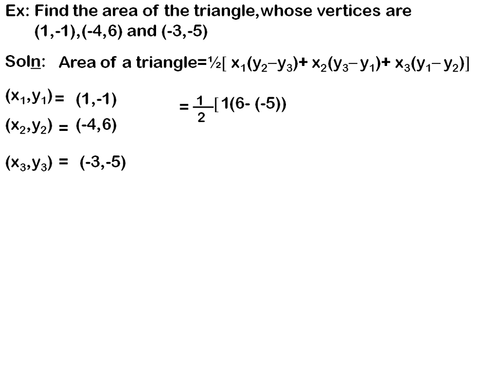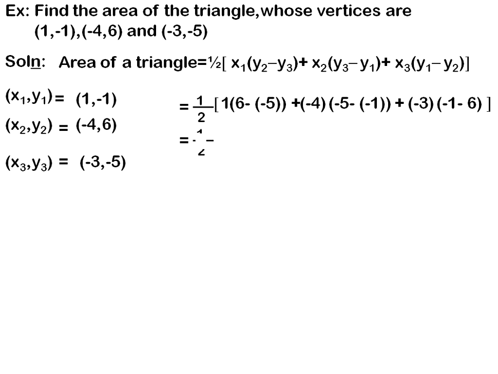6 and y3 is minus of minus, that is minus of 5, again plus x2 is minus 4, y3 is minus 5 minus of minus 1, then again plus x3 minus 3, then y1 minus y2, minus 1 minus 6, close the bracket.